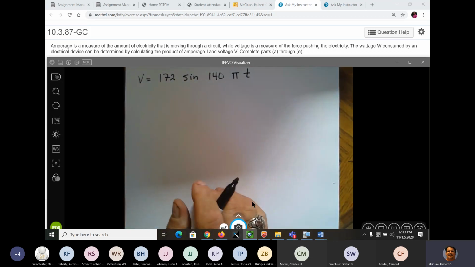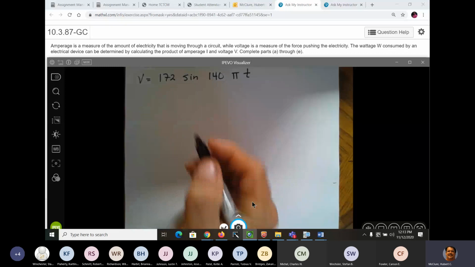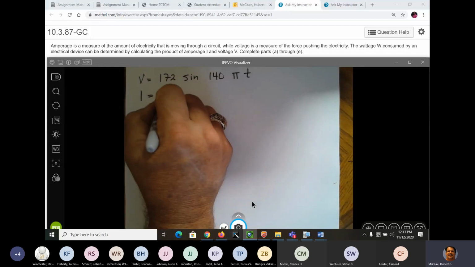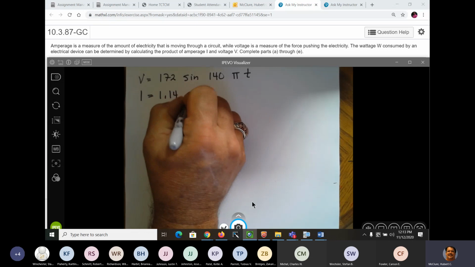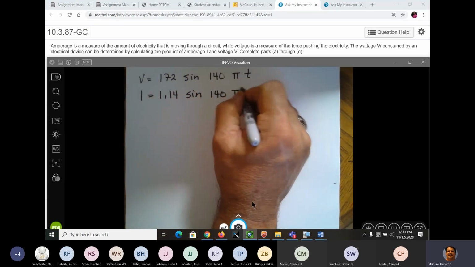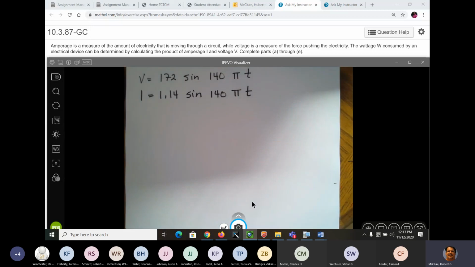And then the other is the amperage. And amperage is equal to 1.14 sine of 140 pi times time.